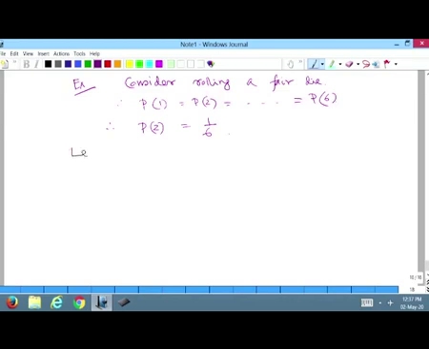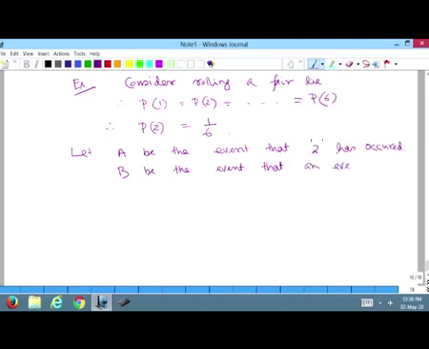So, let A be the event that 2 has occurred, and B be the event that an even number has occurred.